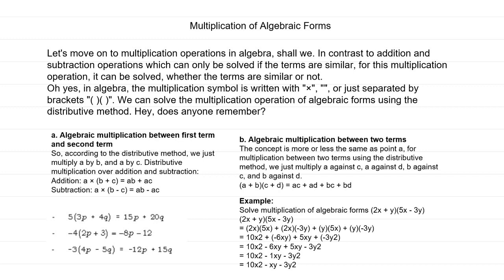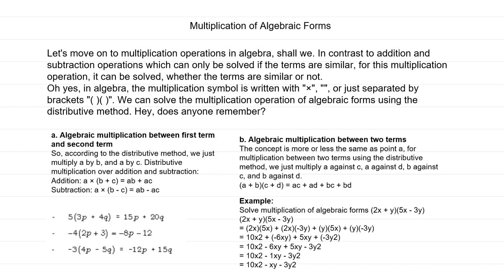Subtraction: a times (b minus c) is ab minus ac. Example: 5 times (3p plus 4q) is 15p plus 20q.